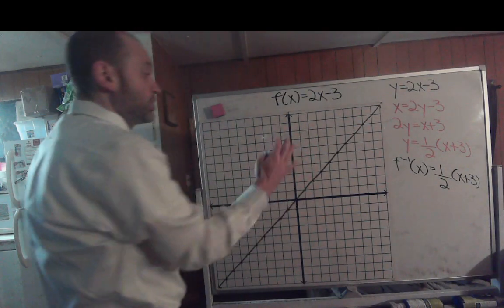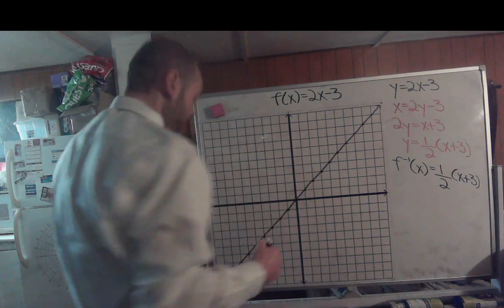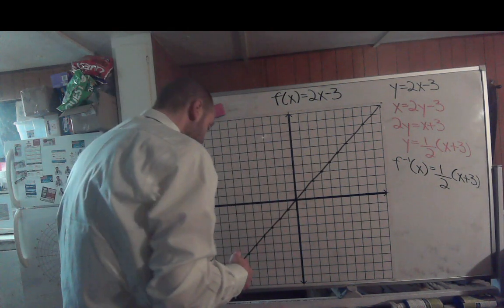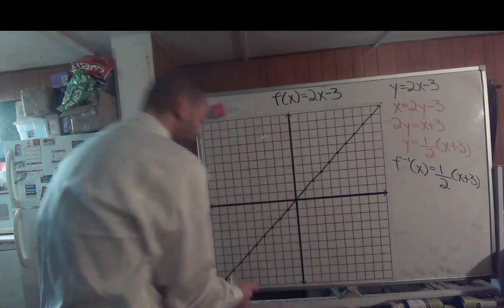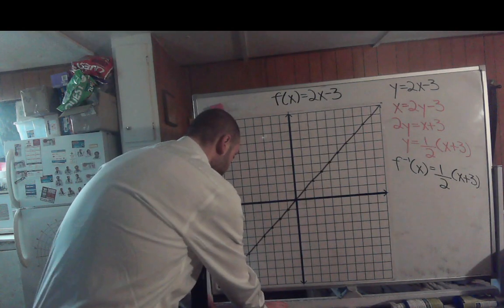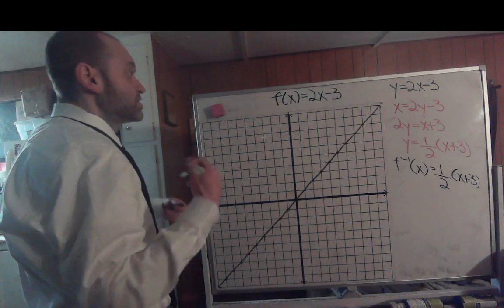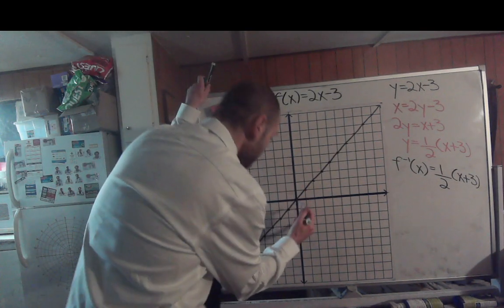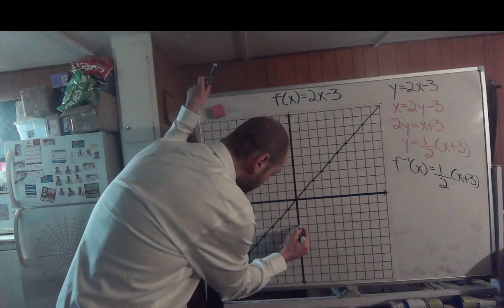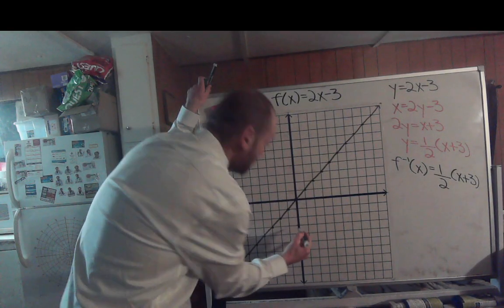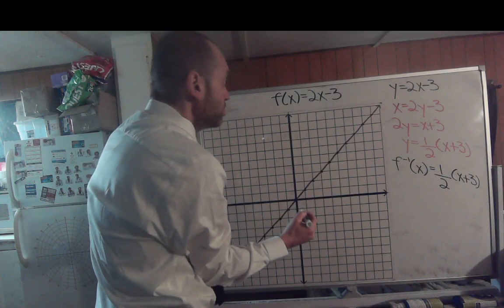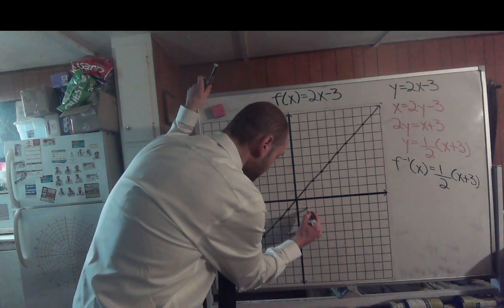So let's show you what these look like side by side. I'm going to graph f of x equals 2x minus 3. Let's do it in this green color. So at 0 we have -3. When x equals 1, we have -1 for a value.